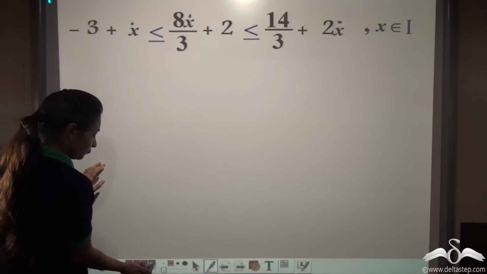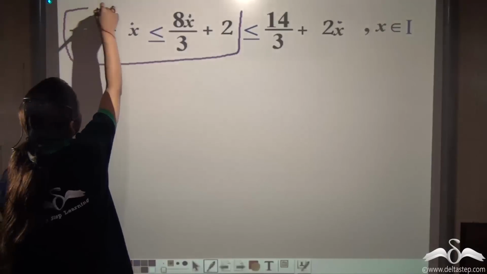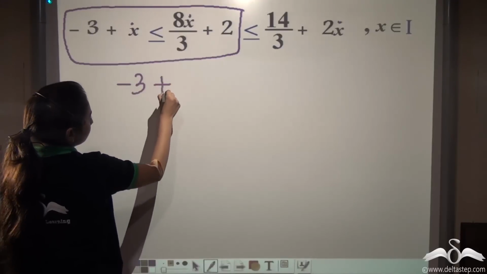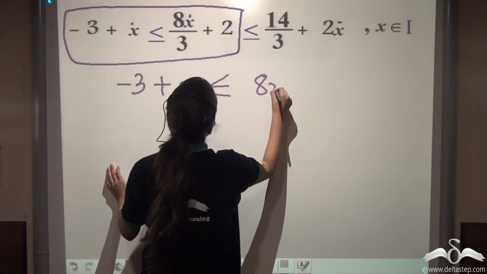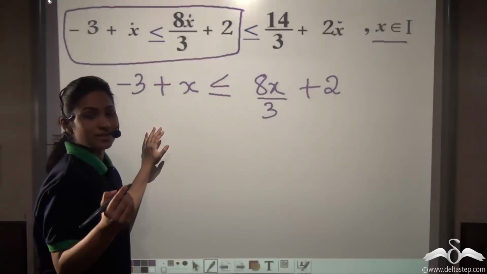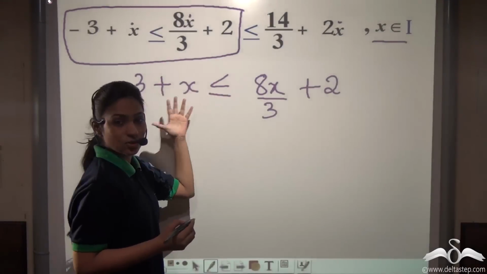We'll solve it. First of all, solve this part. Now, there's nothing to worry. What we'll do, we will take both the x's to one side.